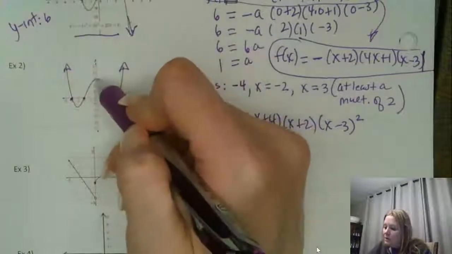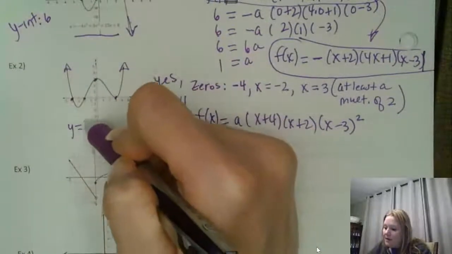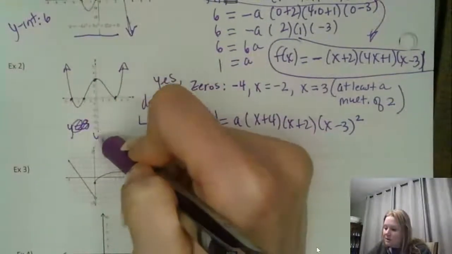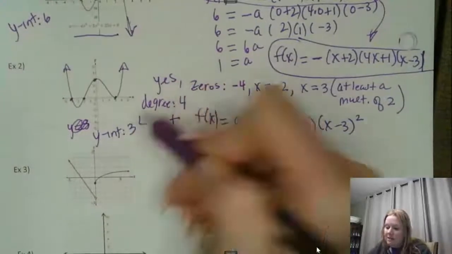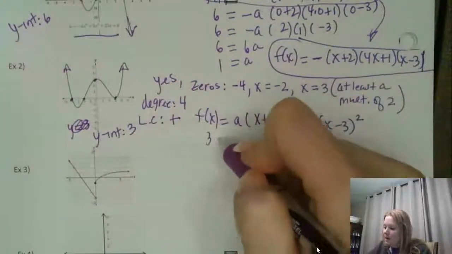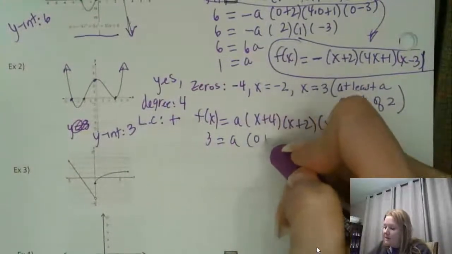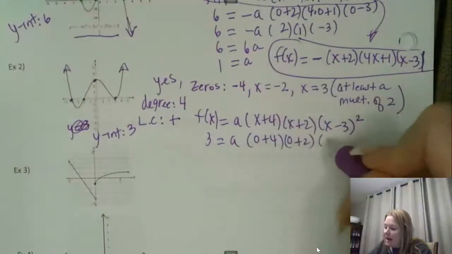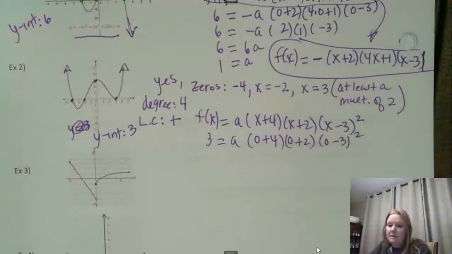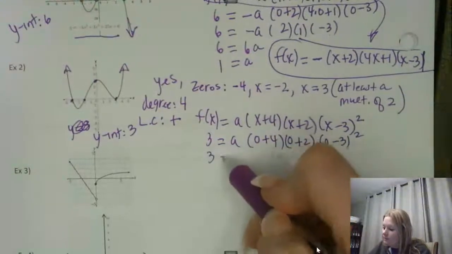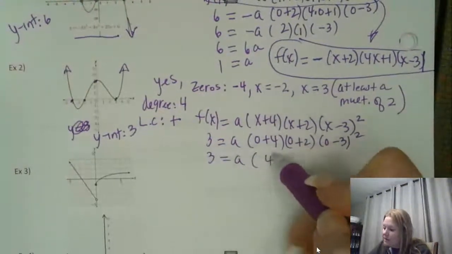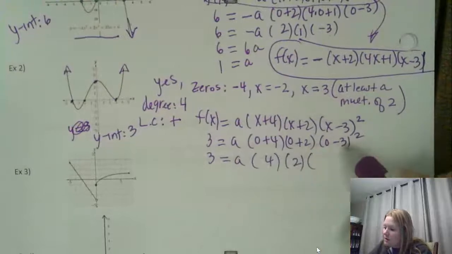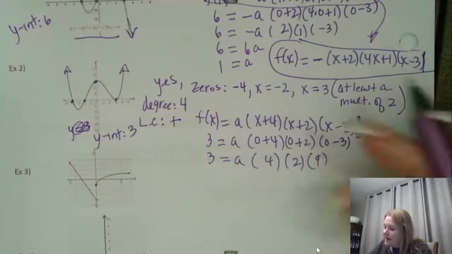Okay, so now we're going to use the y-intercept. Y-intercept is 3. Y-intercept is the y value when x is 0. That's 4, 2, -3 squared is 9.